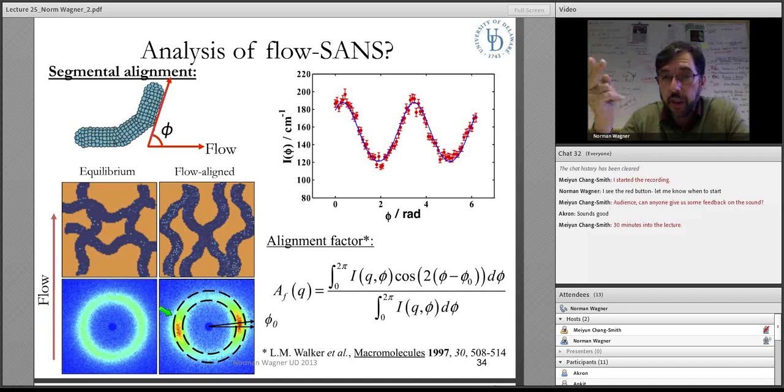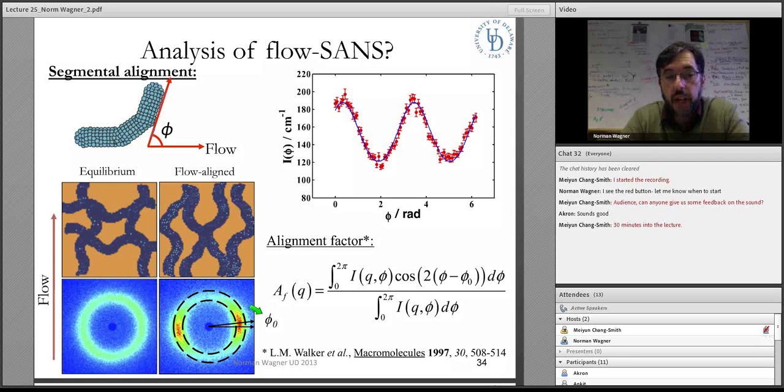That 90-degree shift is due to the reciprocal relationship between real space structures and scattering structures, as you learned earlier this semester. You can see that these are not perfectly flow aligned because the principal axis of the scattering is not exactly at 0, if you will, or 90 degrees relative to the flow, and that defines some characteristic angle.